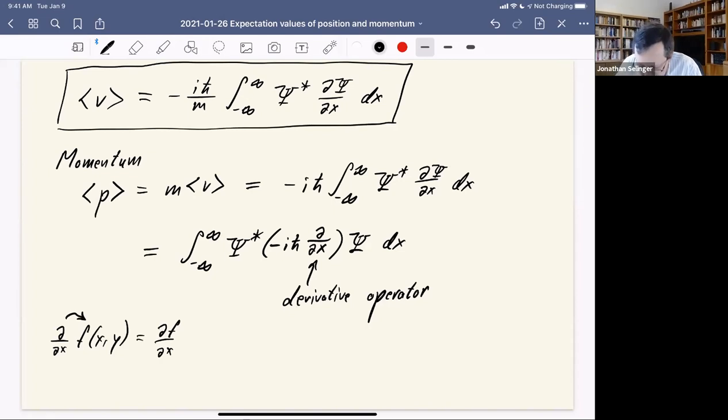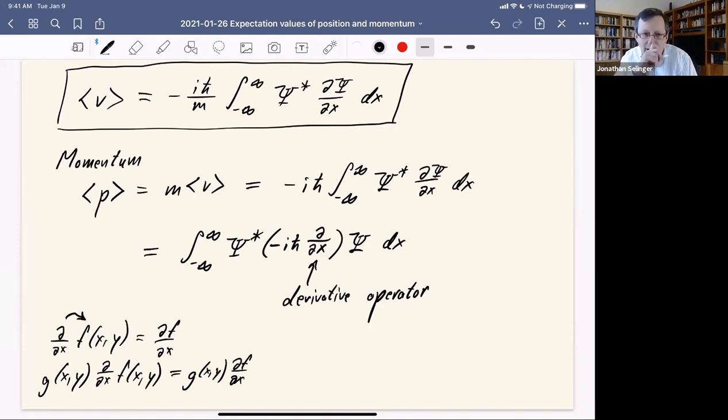If you have a g of x and y times d by dx of f of x and y, the way mathematical notation works is that the operator operates on the thing to the right, not on the thing to the left. So this just means g of x y times df dx. Operators operate on the thing on the right. That's our mathematical notation.